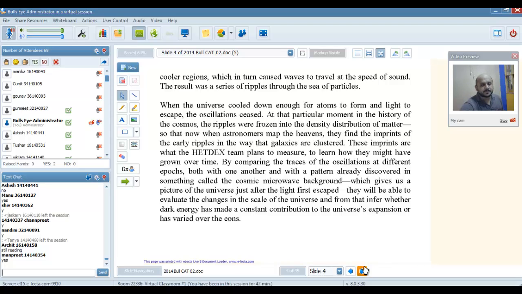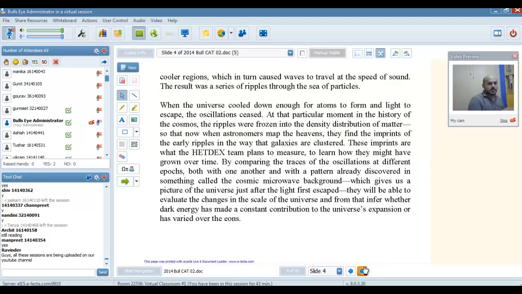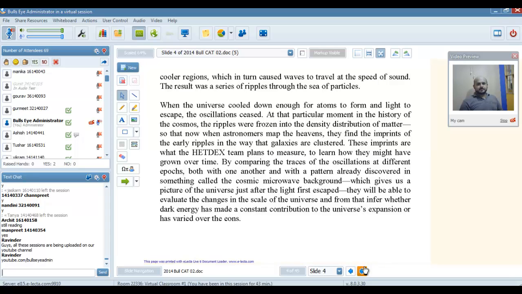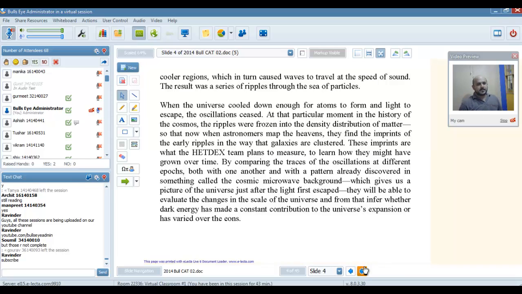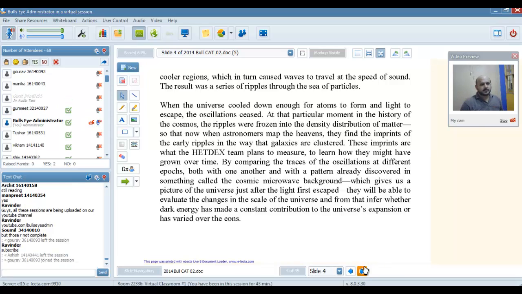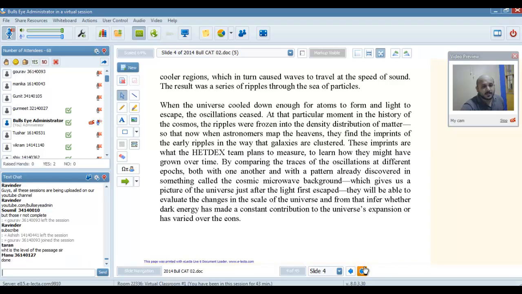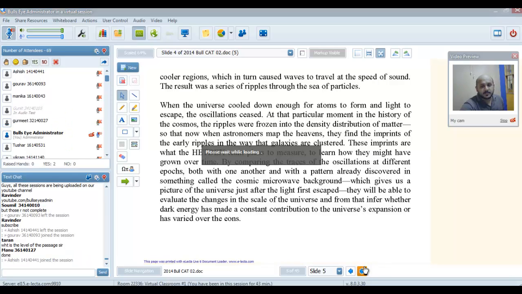Quickly read it. Shift it to the next slide, guys.